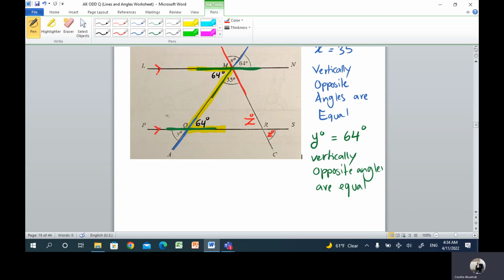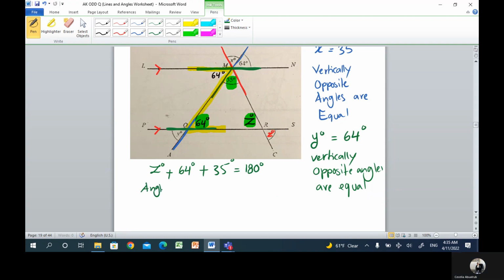And can you see that the 35 and the Z and the 64, they are angles in a triangle, and angles in a triangle add up to 180. So let's start with the unknown. Z is my unknown, plus 64 plus 35, they add up to 180 degrees. Why?